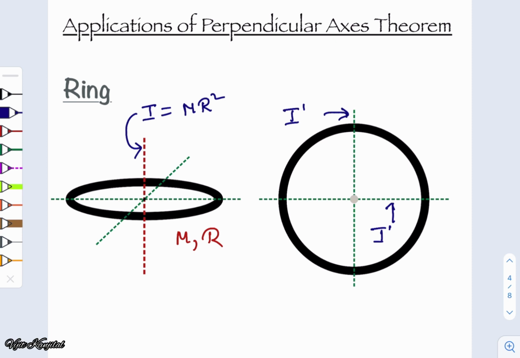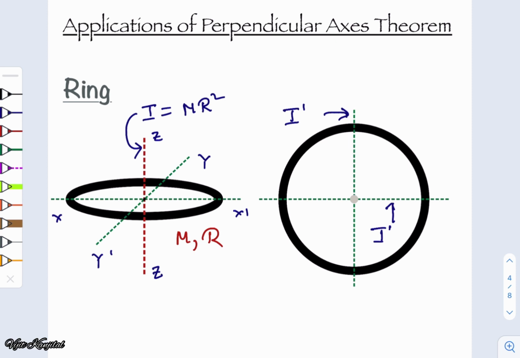So let us just name our axes for simplicity. Let's call this axis xx dash, let's call this axis yy dash, and let's call this axis zz dash. So axes xx dash and yy dash are mutually perpendicular to each other and lying in the plane of the ring, and axis zz dash is passing through the point of intersection of xx dash and yy dash, and it is perpendicular to the plane of the ring.